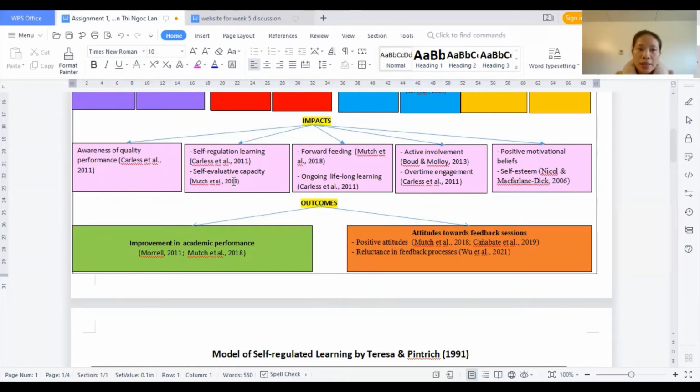This can lead to their self-evaluative capacity as well as self-regulated learning.